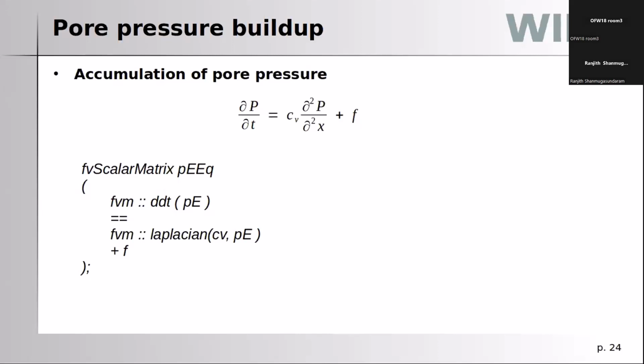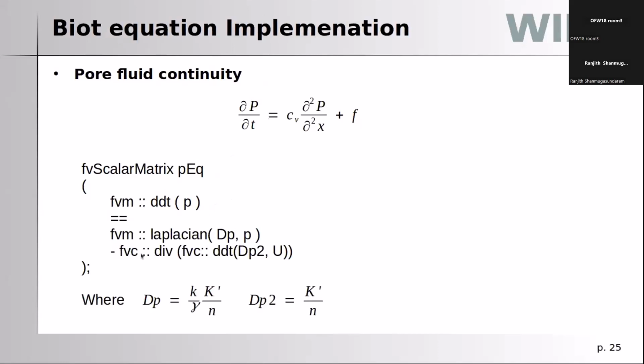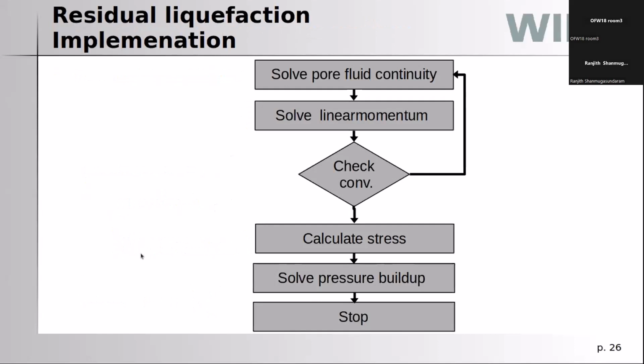Here you can see the pore pressure buildup term, and this is how it has been implemented in OpenFOAM. We have the Laplacian equation with the implicit terms for PE, where the capital P is written as PE in the code, and then the source term implemented here.